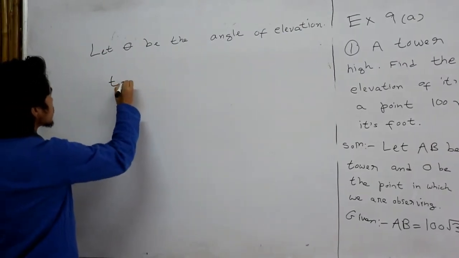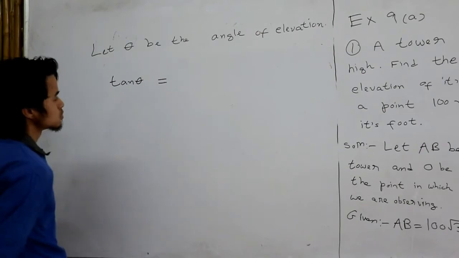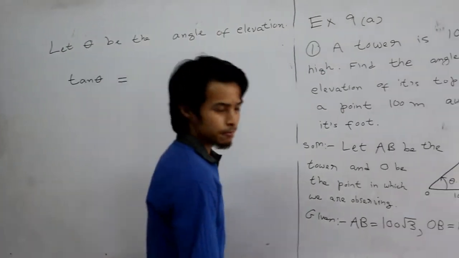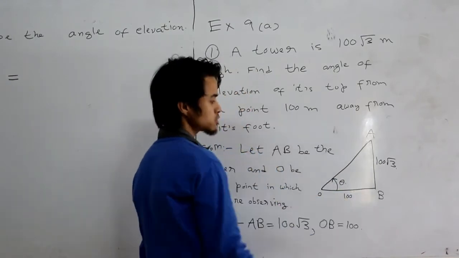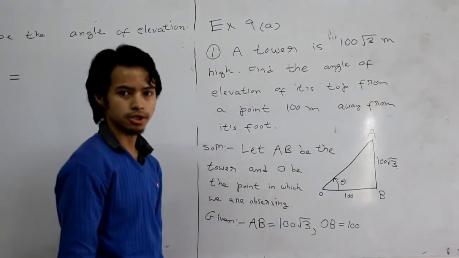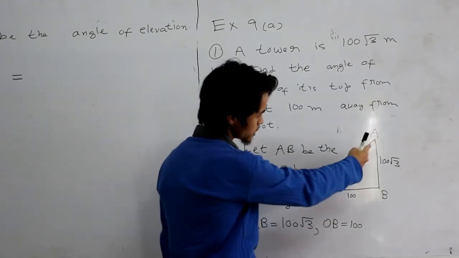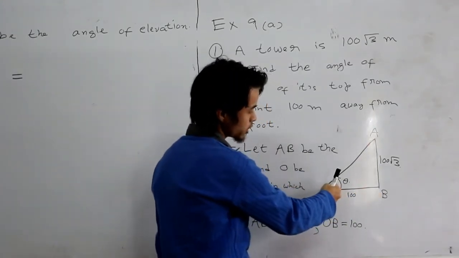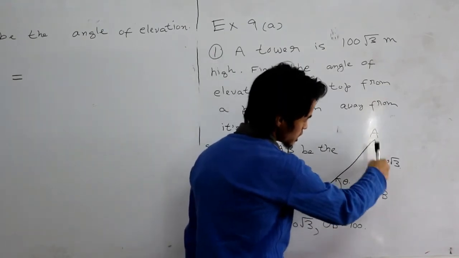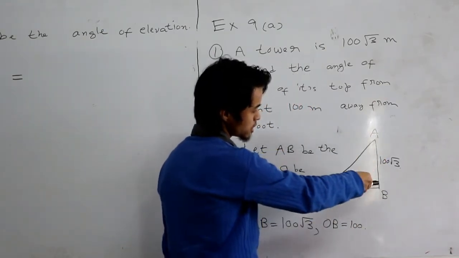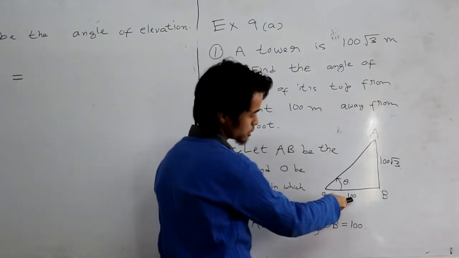So, tan theta is equal to, now we have to remember the perpendicular and the base depend upon the angle which we are considering. In this case, we are considering theta, so it is angle AOB. And according to this angle theta, we have the perpendicular to be AB, because this line AB is opposite to this angle, so this will be the perpendicular and this will be the base.